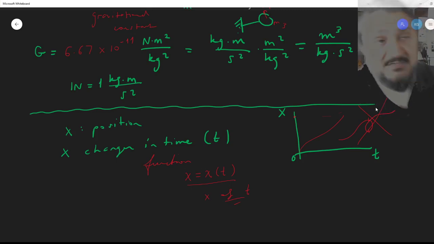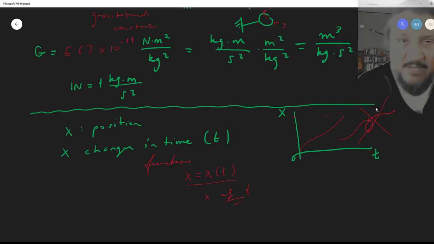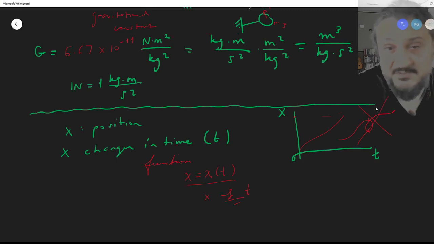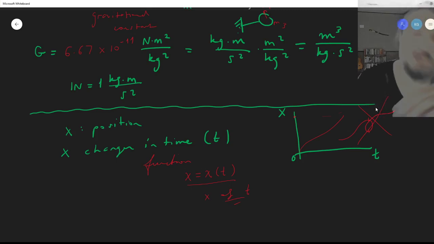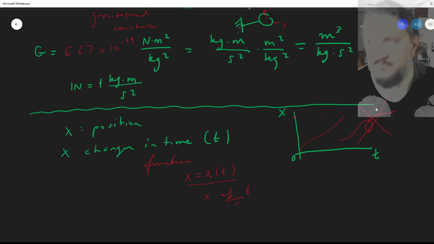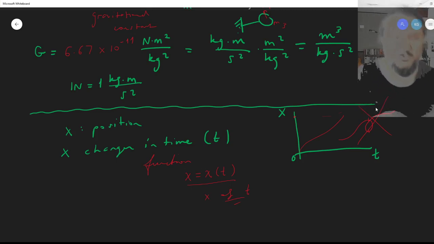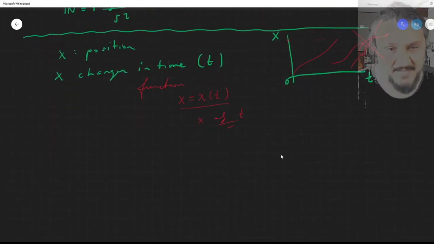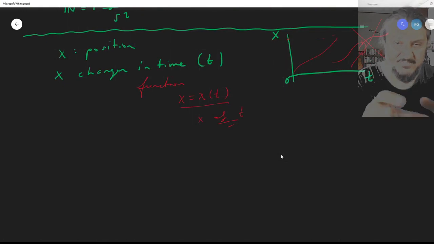It may have a maximum or minimum. I'm sure you're familiar with this. You don't have to know calculus to know what I'm talking about, right? So whenever we speak about motion, we're talking about a coordinate, x or y or z, doesn't matter, changing in time.